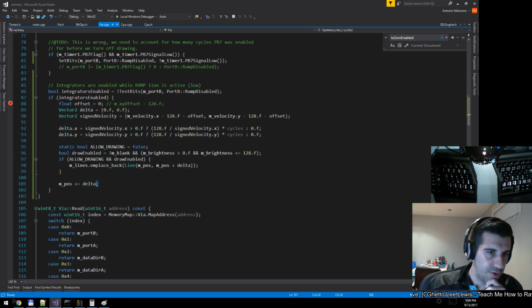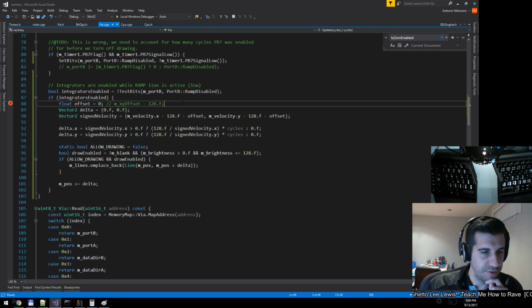What would be the correct way to do this? I guess the way to do this is to compute the vector from where I am now to 0, 0, and move there based on the current timer. And I guess one way to do this is to assume that it would move there as quickly as possible. So that's probably the right thing. I'm just trying to think, yeah, that would be the right way to emulate it.